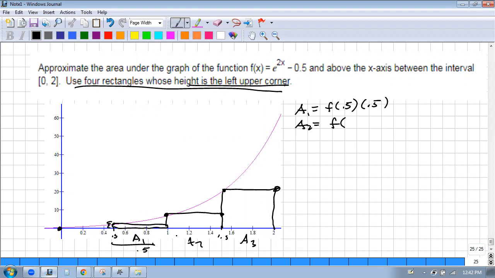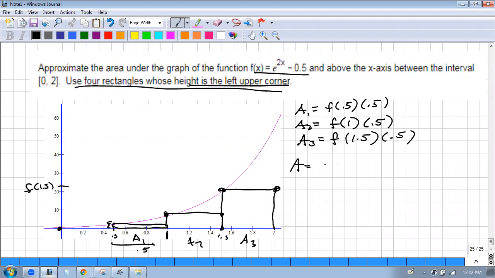A2 is going to be f of 1, that's the height there, and the width again is 0.5. The third rectangle, the height here is f of 1.5 times 0.5.